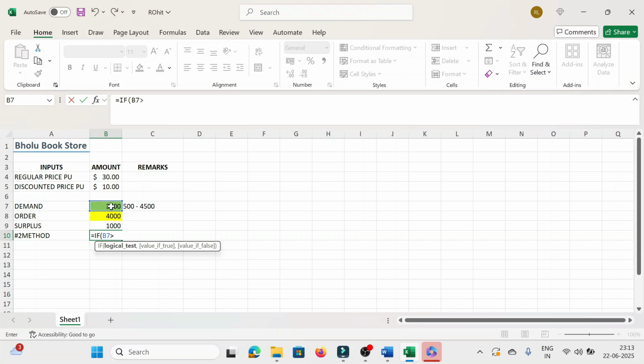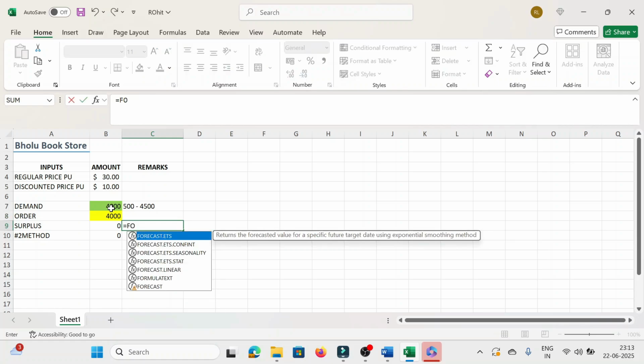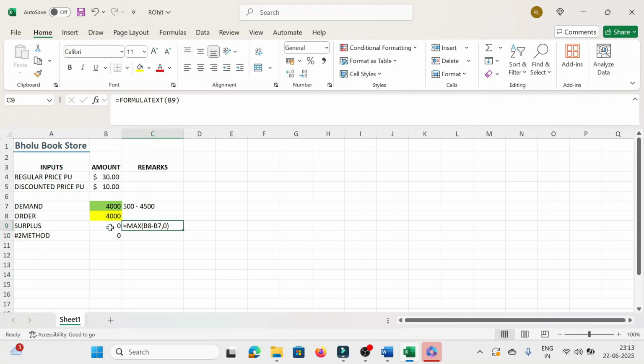If demand is greater than order copy, give 0, or this minus this. You can see now this is the same scenario where you can get the answer. So whichever method is comfortable, you can apply. I am also writing the formula as text here so that you can see the formula and mention it.